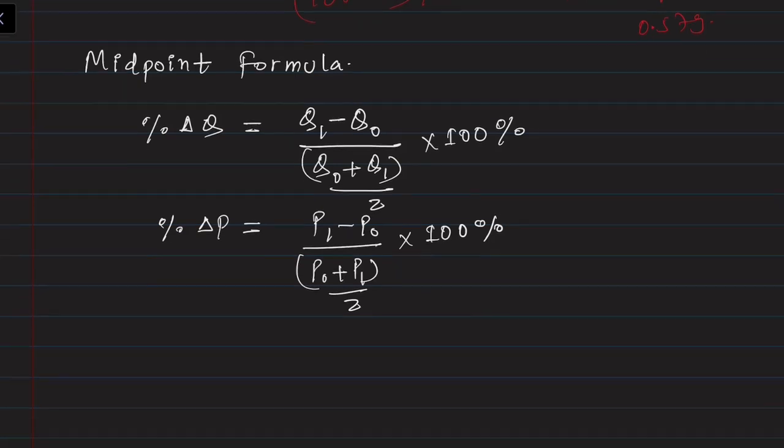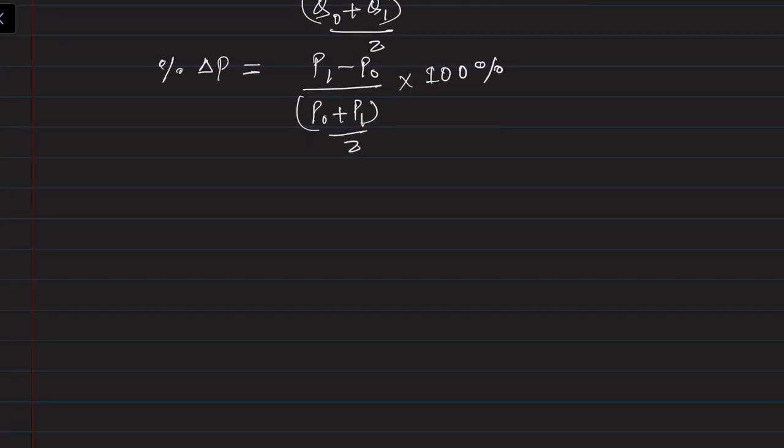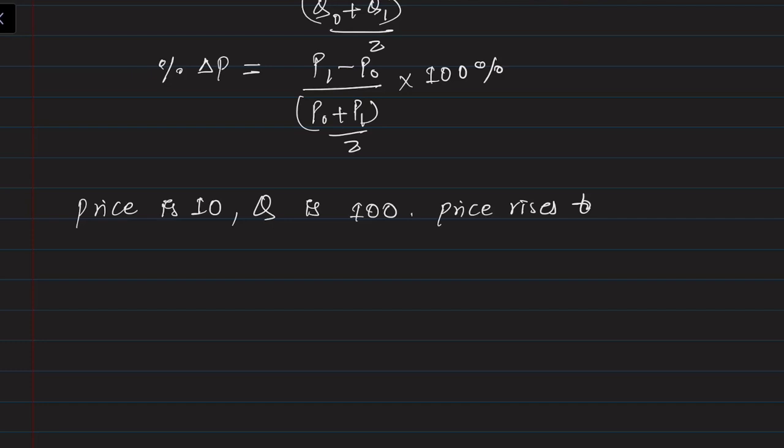Now let's do an example. Let's say when the price is $10, quantity demanded is 100. When the price rises to $20, quantity demanded is 90.